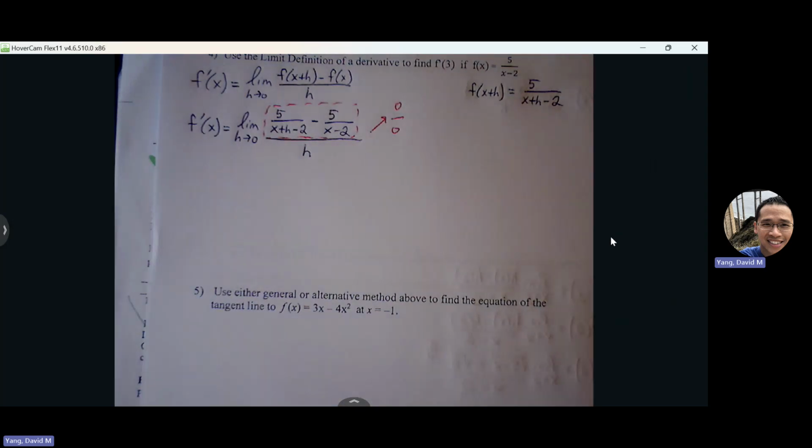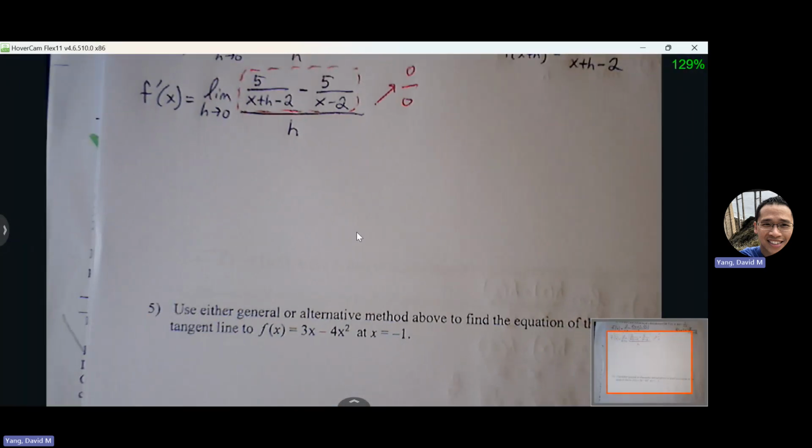Complex fraction. I'm going to step to the side and try to get those two merged together after common denominators.